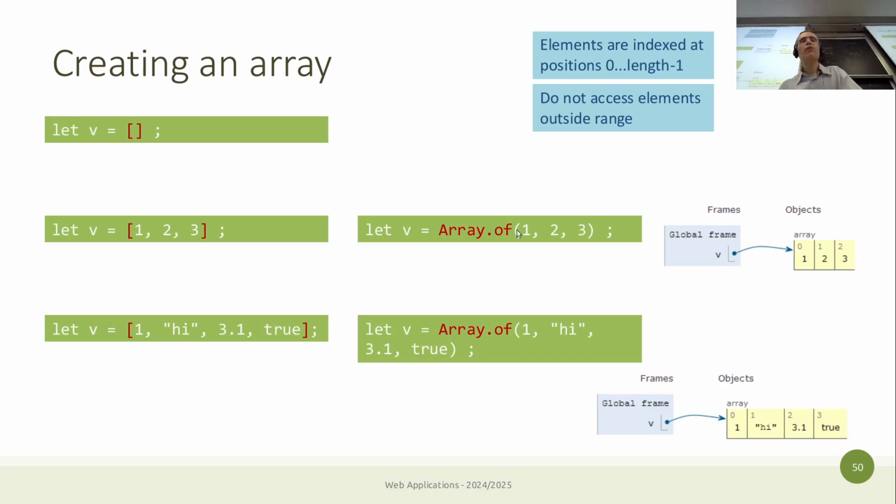Otherwise, if you use functions like the ones on the slide, Array.of, or Array.from later, you create a new array, which means a copy of the array. These are library functions. Array is an object that comes with the JavaScript execution environment, like Math that we saw before for the mathematical functions.